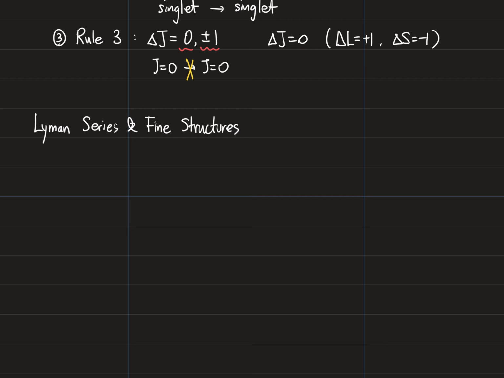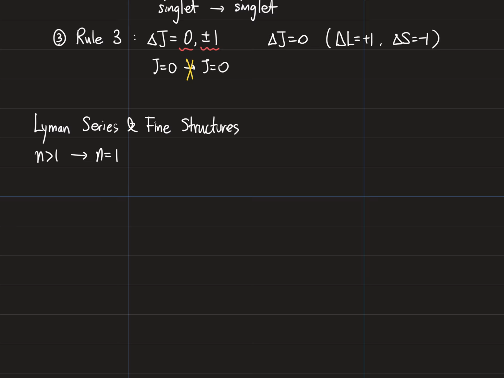We are looking at the Lyman series, which involves the transitions falling down to the ground state n equal to 1. These transitions correspond to the Lyman series.